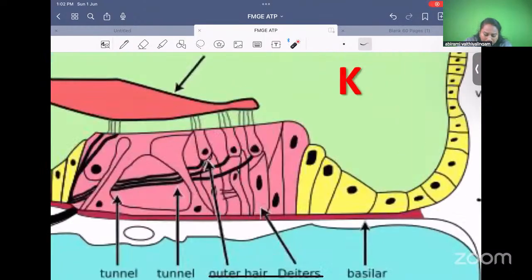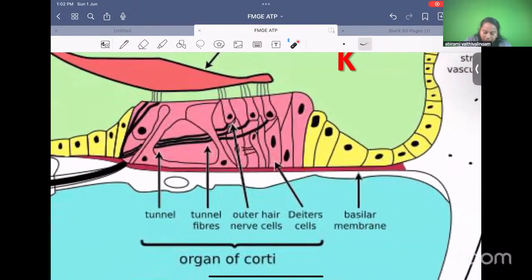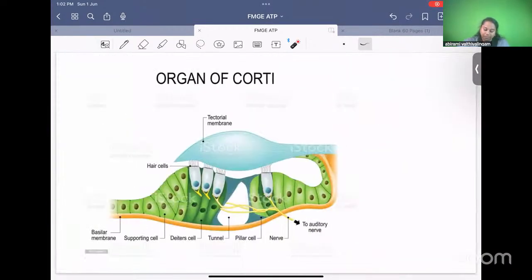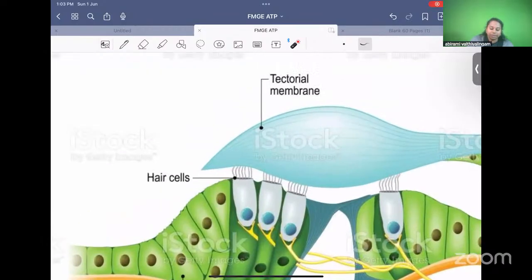When you zoom into the scala media, you can see the organ of Corti, which has the receptors for hearing. I will zoom into the organ of Corti. It will look like this. On the basilar membrane, the organ of Corti has hair cells, supporting cells, Deiters cells, and pillar cells. Hair cells on top are connected to the tectorial membrane.